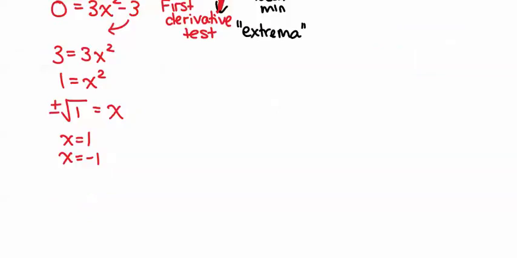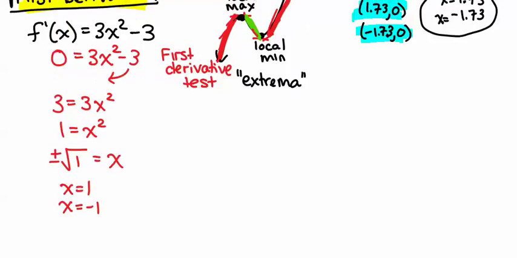And then I'm just going to make a little table here because I want to highlight what exactly is going on in this graph. So I know I'm going to have a max and a min at negative 1 and 1. I'm going to have an intercept at 0. But I just want to draw out what's going on with my graph.